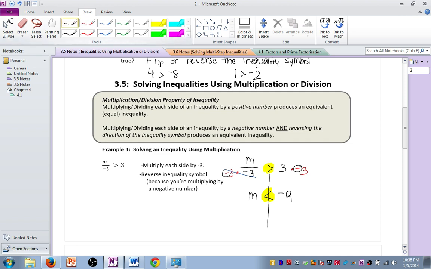Now, how would I graph that? Remember, when it's a less than or a greater than sign, we're going to use an open circle. So I'm going to draw my number line. I'm going to put my -9 in the middle. And again, it doesn't matter how many numbers you go up to on your number line.